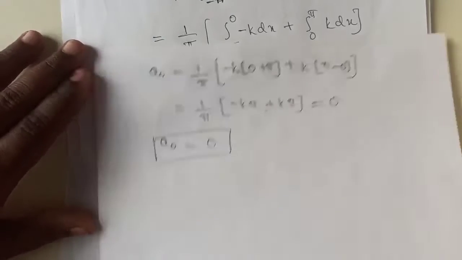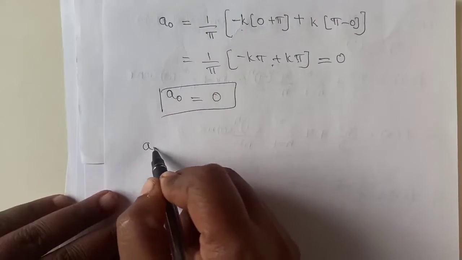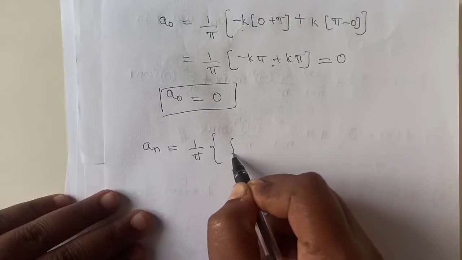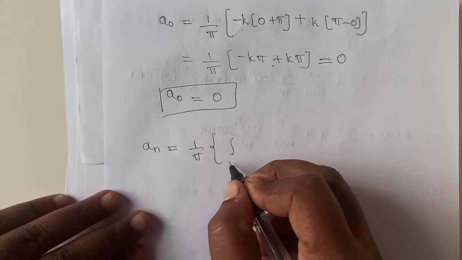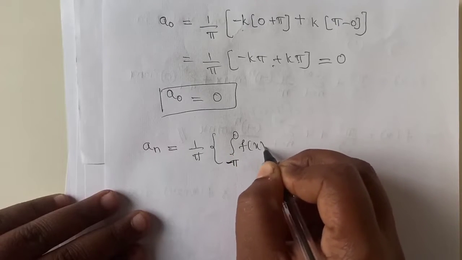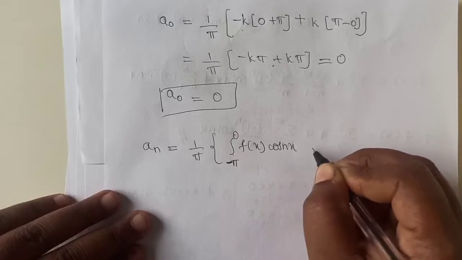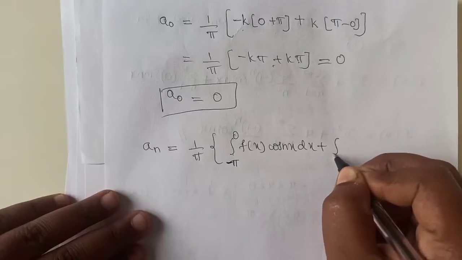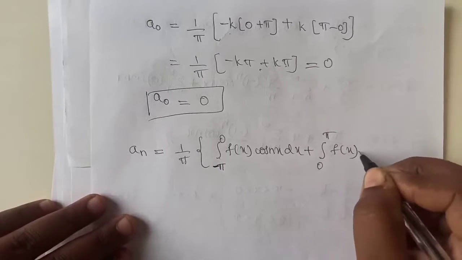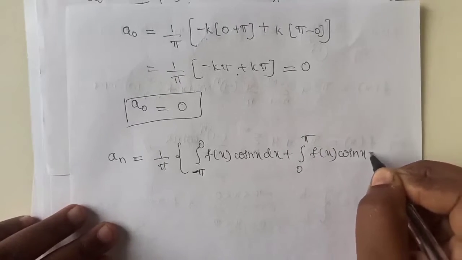Next we calculate an value. An is equal to same, 1 by pi integral. We should consider two intervals, that is minus pi to 0 f of x cos nx dx plus integral 0 to pi f of x cos nx dx.